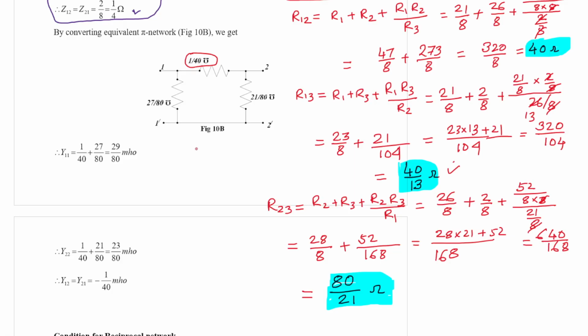R13, it is written, I think, 40/13. So it will be 21/80, it is 80/21 that came, so it will be 21/80.